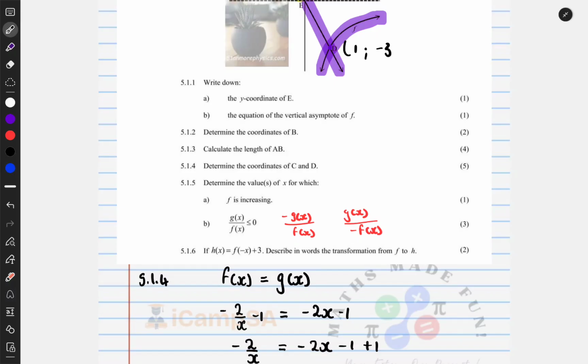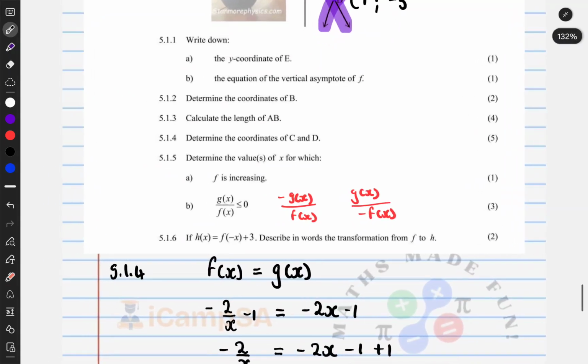And then if h at x is equal to f at -x plus 3, describe in words the transformation of f to h. Okay, so in order to obtain the graph of h at x, we have to do those transformations. Firstly, we can see that x is negative now.